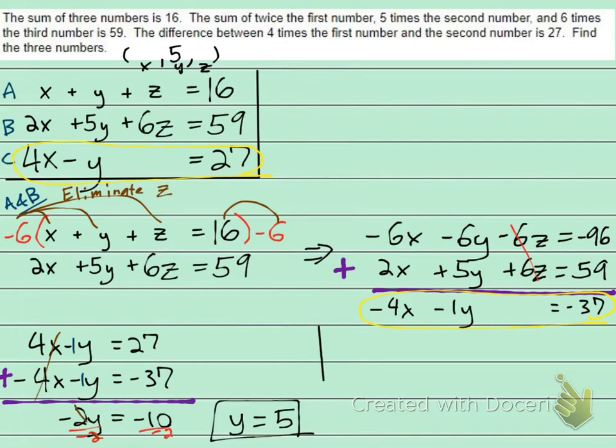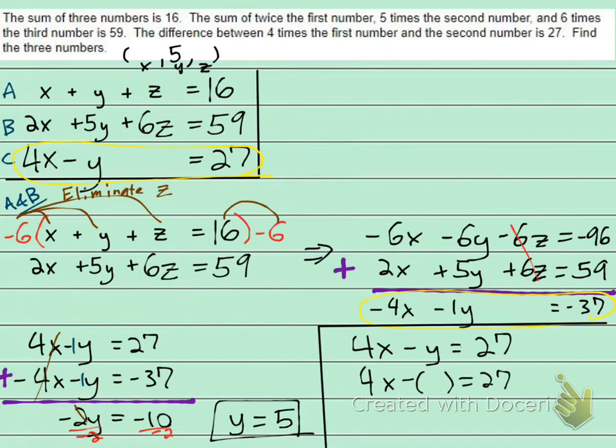Let me make some space here, separate this a little bit. 4x minus y equals 27, and my y is going to be 5. So 4x minus y equals 27. And for y, I plug in a 5. And now I solve this equation. Let me add 5 to both sides.